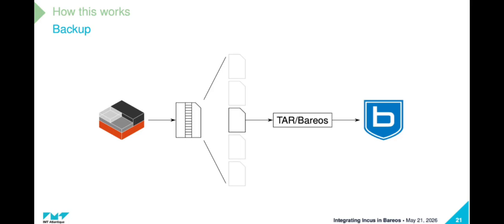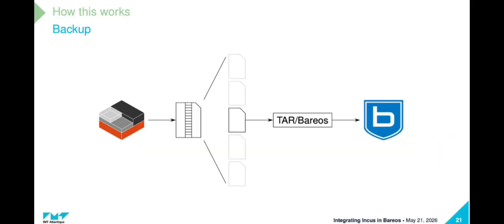You have all your files that are streamed, and the files are not interlaced. You have clear boundaries between the files, and you can just give that to Bareos in a single stream. So there's no temporary file created. It's direct between Incus, the plugin, and Bareos.